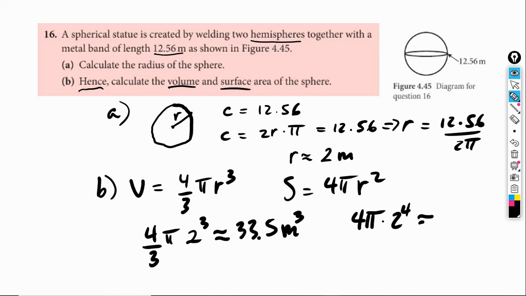And this is approximately 50.3 meters squared because this is an area, right? Notice that they also like to round to about 3 significant figures. So when you're wondering how to round, try to round to 3 significant figures.